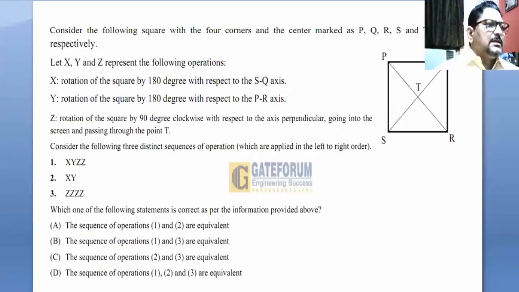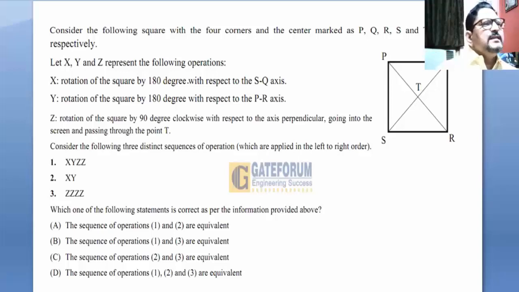Next, consider the following square. This is another logical reasoning portion. Consider the following square with the 4 corners and the center marked as P, Q, R, S, and T respectively. So the corners are P, Q, R, and S, and the center is marked as T. Now, the center of a square is always the intersection of the diagonals, right?